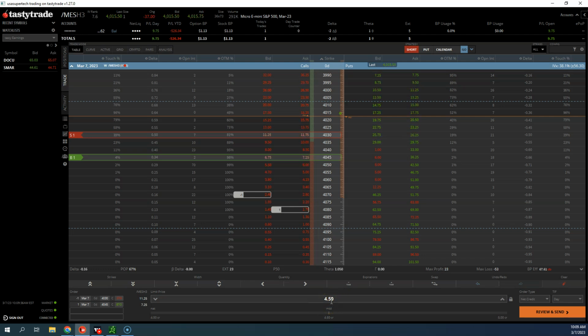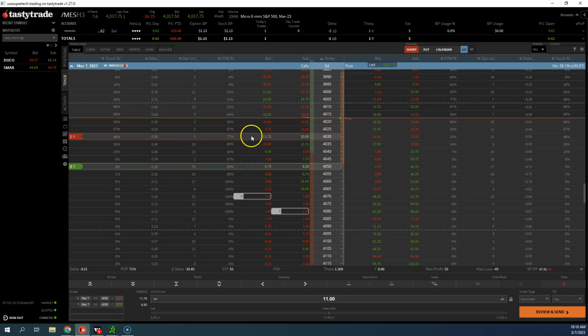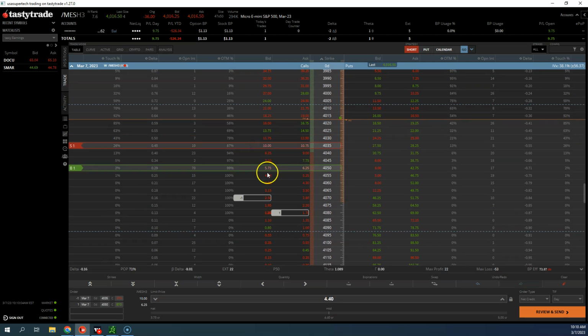So 4.65 times 5 will be my credit when I go into the position, and that is your maximum profit. So this looks good, except for the probability being a little low, around 70%. So you may want to play around with it and say, okay, I'd rather have a higher probability.